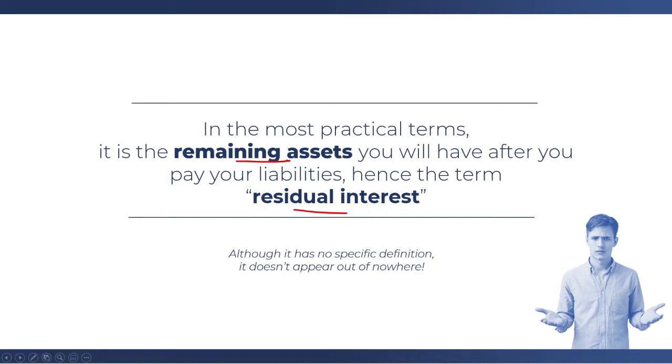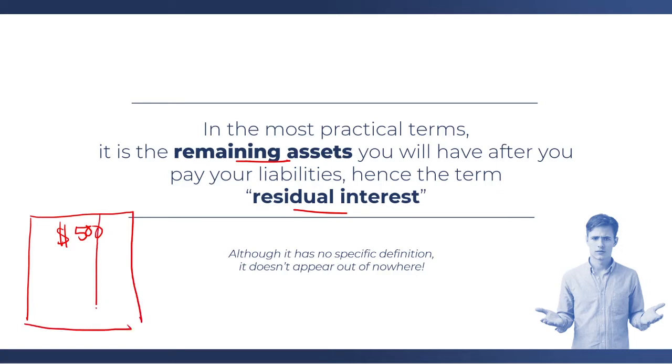If we revisit the examples we had in the previous videos, we discussed that if you have $500 in the bank as a business, and then you had to pay for a $100 liability in the future, the remaining assets that you have is your equity, since this is the residual amount that you have after paying your liabilities.